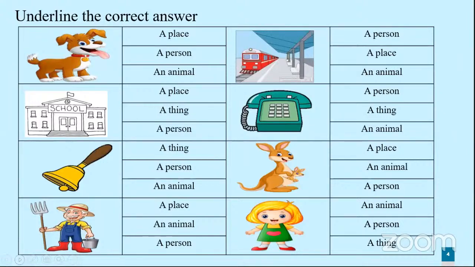Look at the picture first and underline the correct answer. There are 3 words in each row, so you can select the most suitable word: a place, person, animal, thing. Now do it.